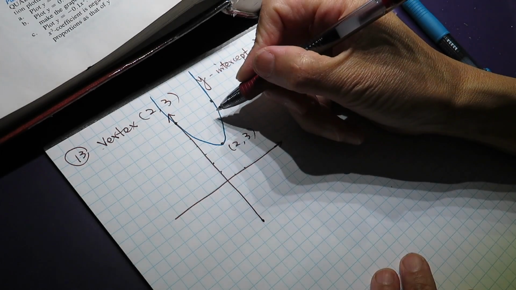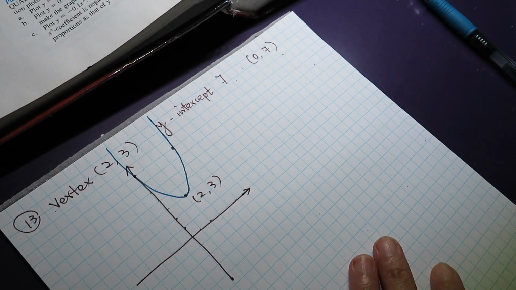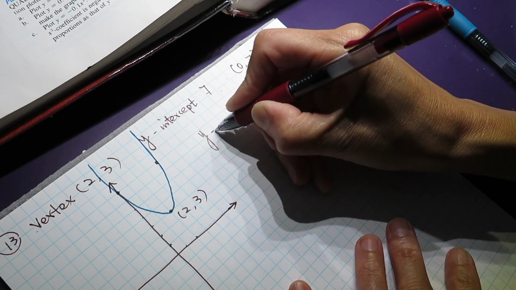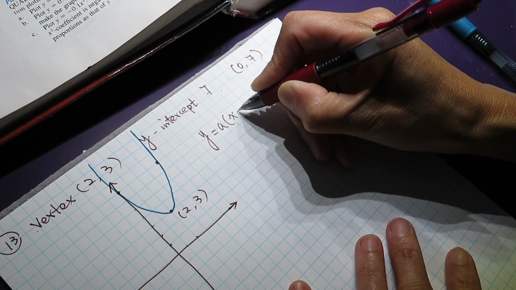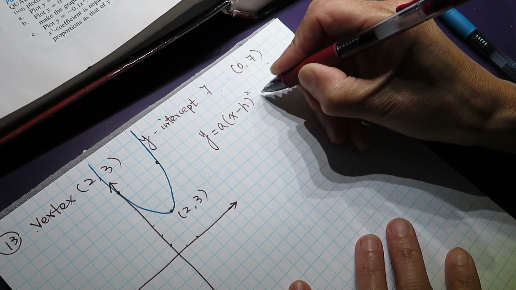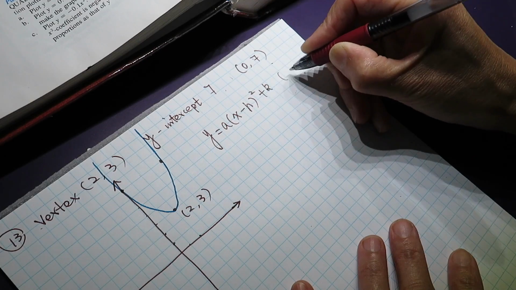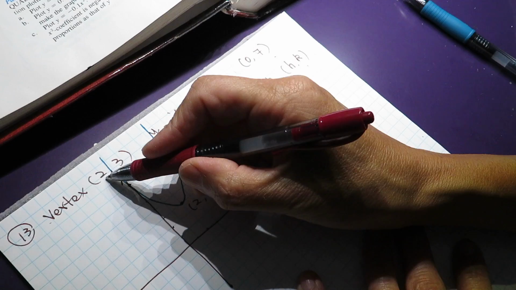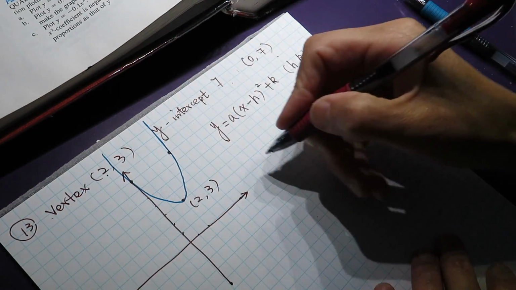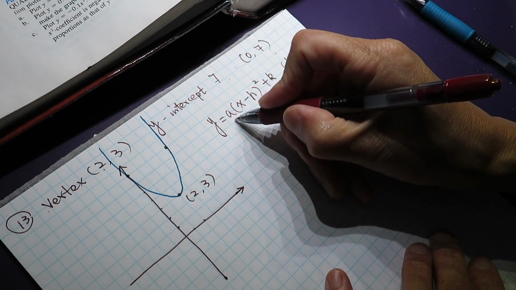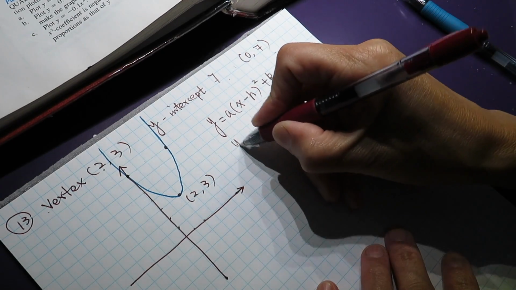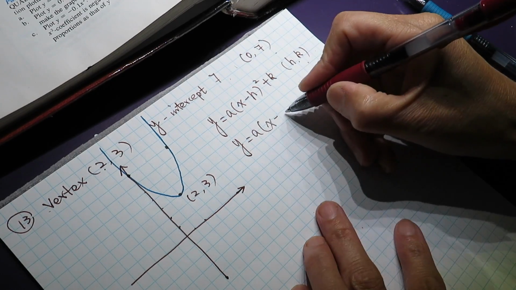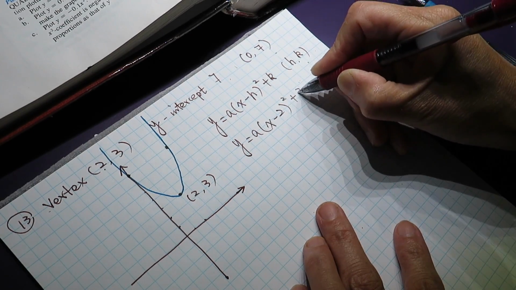Now we know the graph, and we want to figure out its mathematical function. y equals a times (x minus h) squared plus k, where (h, k) is the vertex, and we know the vertex is (2, 3). So plugging in the numbers, y equals a times (x minus 2) squared plus 3.